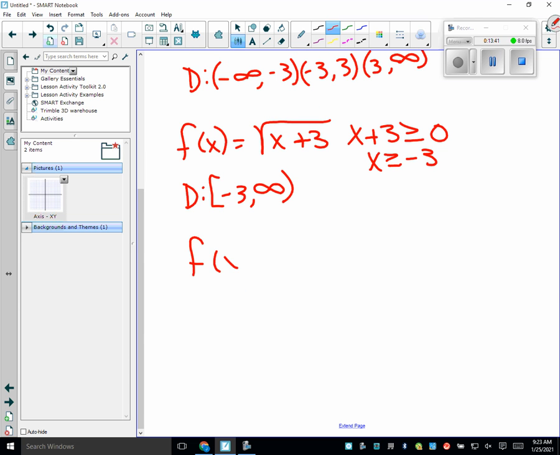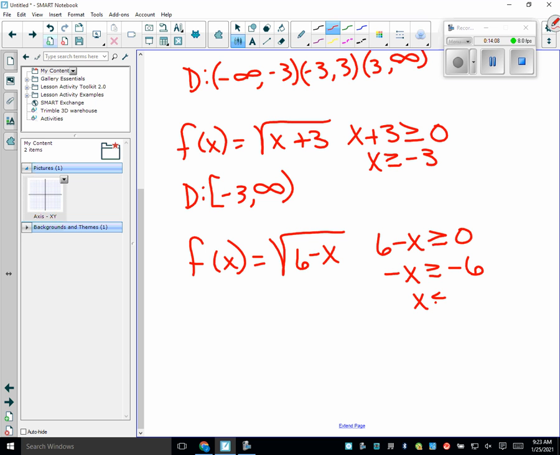Okay, what if I have this? What am I going to do? 6 minus x is greater than or equal to 0. Subtract 6. x is less than or equal to 6.